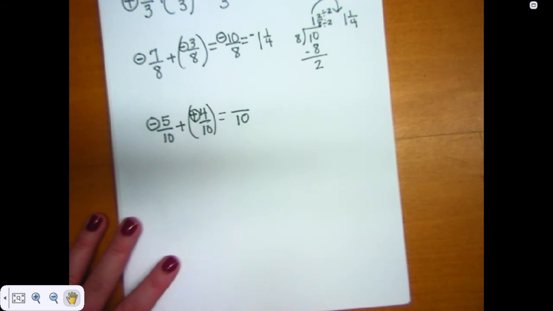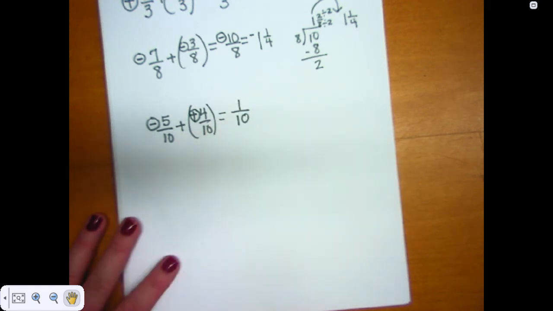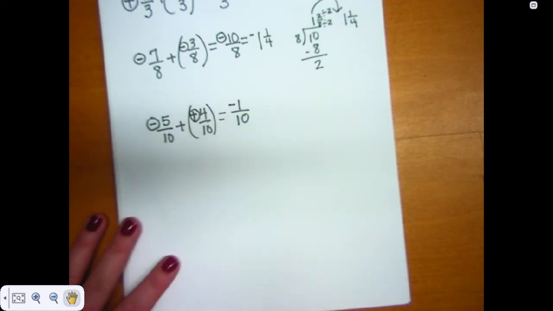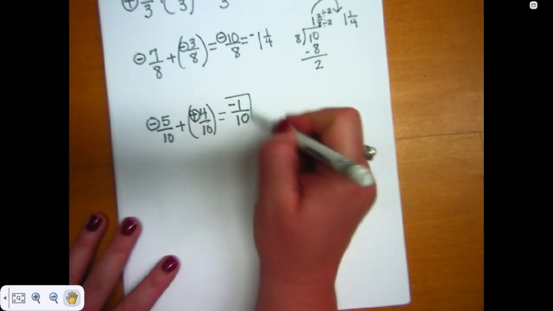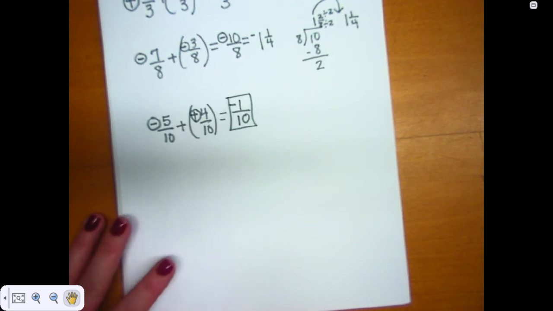My signs are different, which means I'm going to subtract. 5 minus 4 is 1. And you keep the sign of the largest absolute value, which is negative. So my answer here is negative 1/10. I think those are pretty simple as long as you're remembering every rule you need. Check the denominators, check if it's adding, check your signs, then follow the rules.